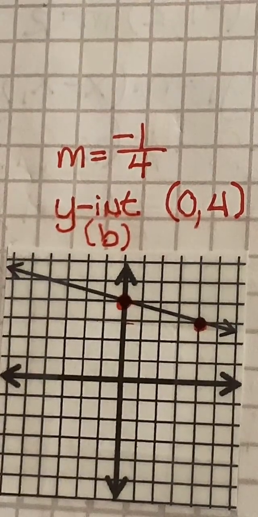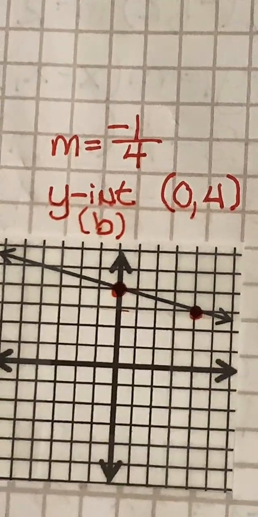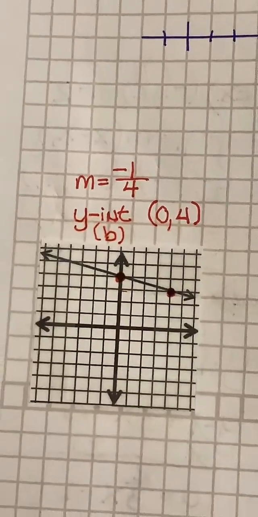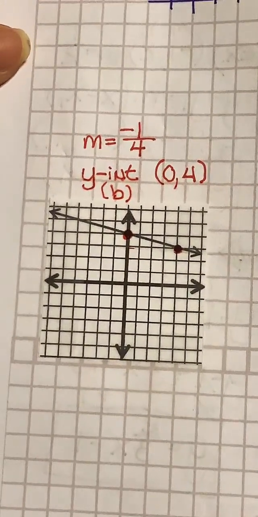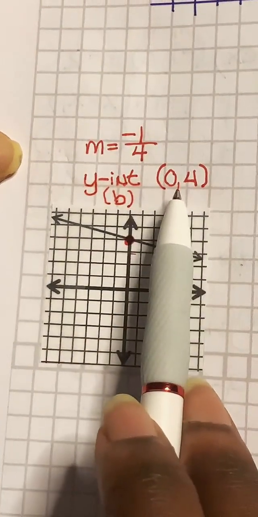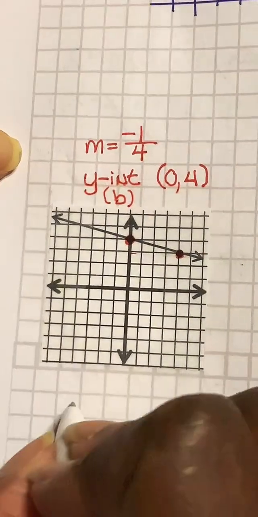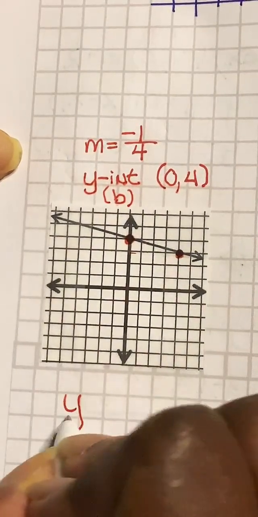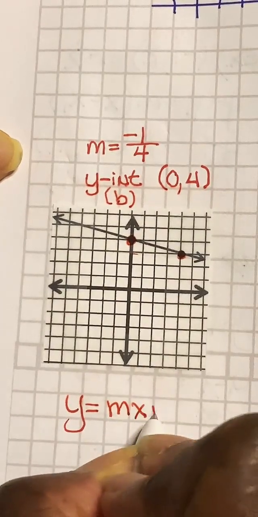Now let's take it a step further. Let me shrink it down because we have our information. We have our slope and our y-intercept. Now we just have to make our equation. Recall y equals mx plus b.